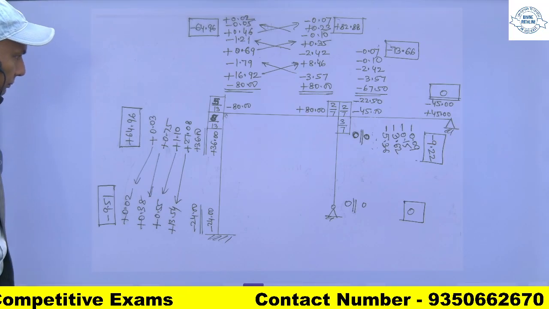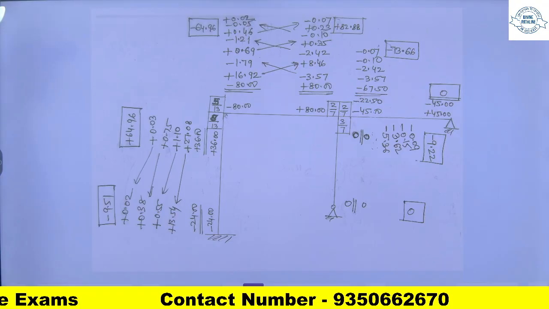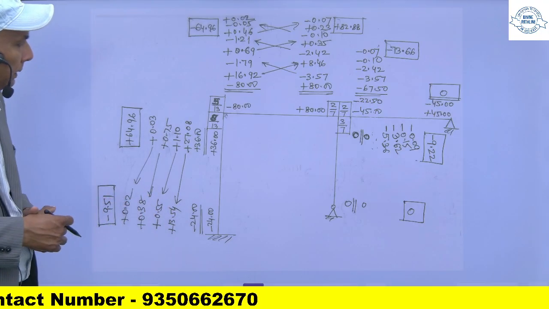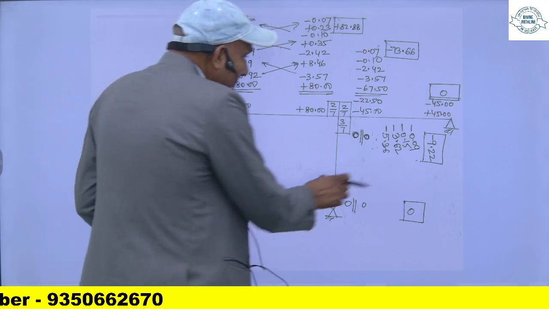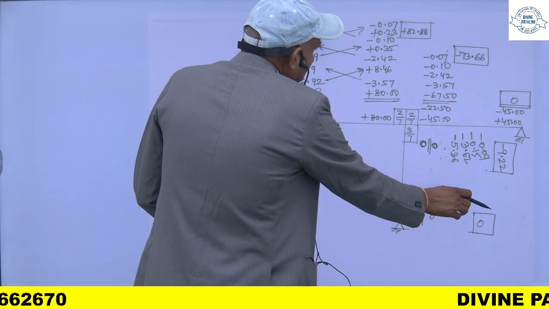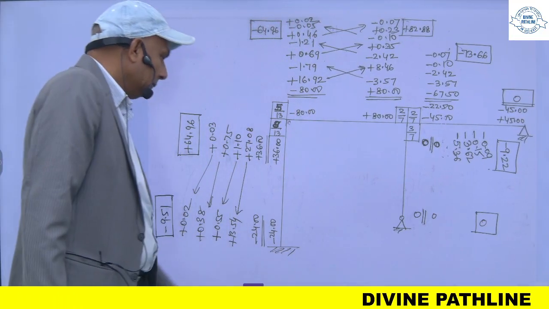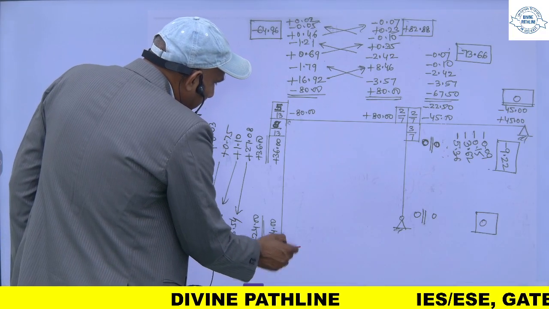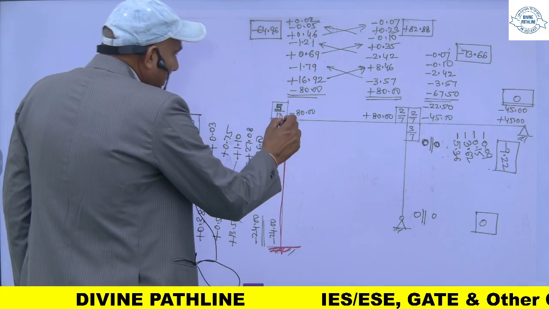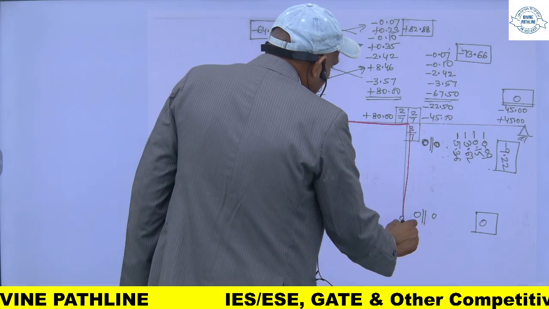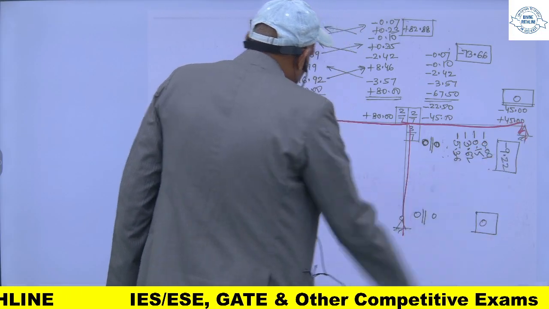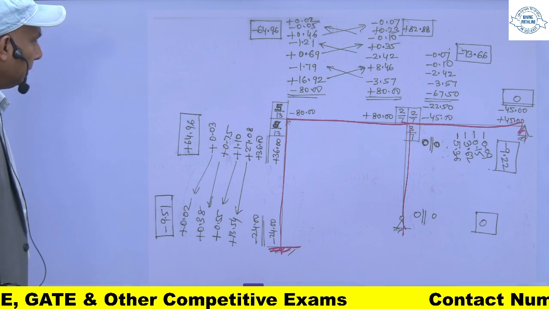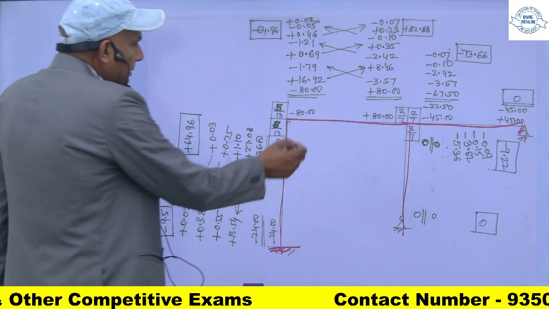Now I will make a table like this, just like my actual frame. So these are my fixed end moments.